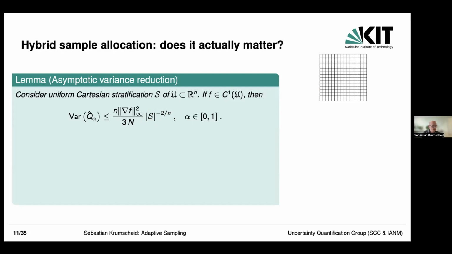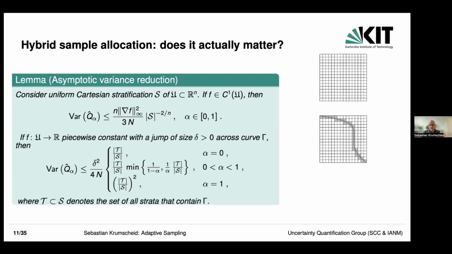Now, if we look into the other borderline case, where we take the same stratification, but our function f is assumed to be piecewise constant, that is, jumping across a certain curve. So if we have one value here and a different value on the other side, and the difference in the function value is delta, then the situation changes.